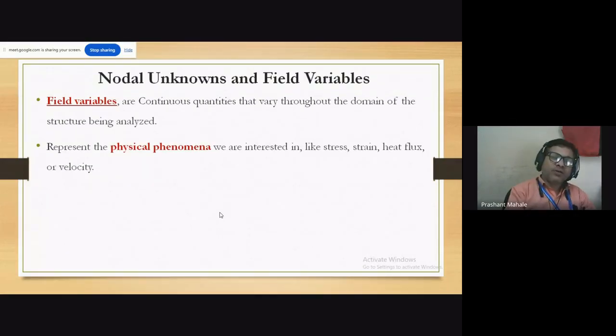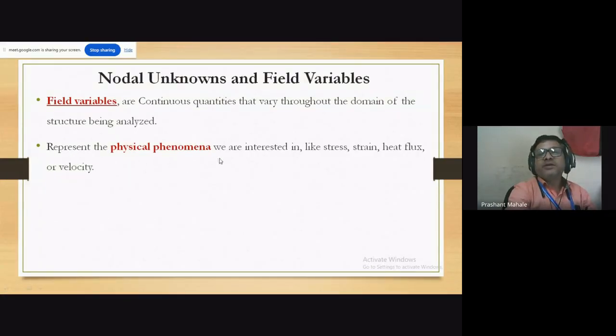In case of modal analysis, we measure vibration, its frequency, its amplitude, its wavelength, natural frequency, and mode shapes like that. So these parameters which we are measuring are called field variables.